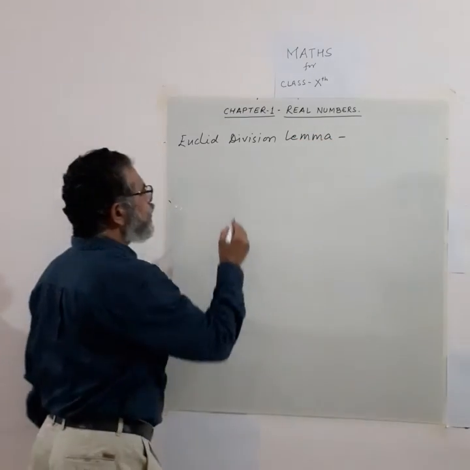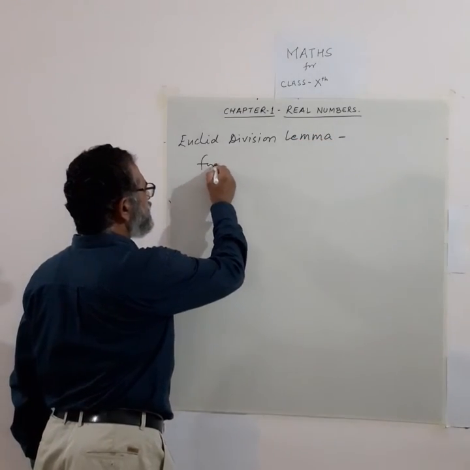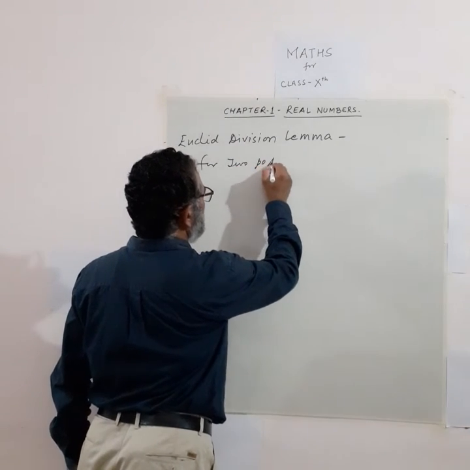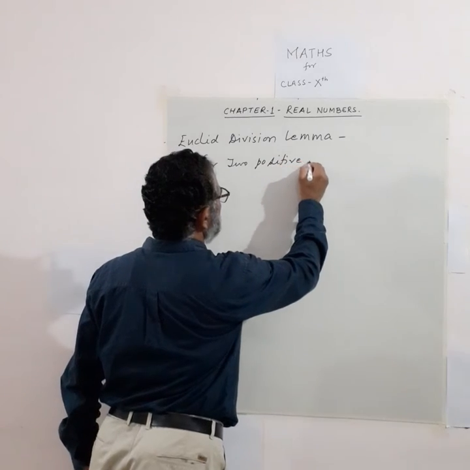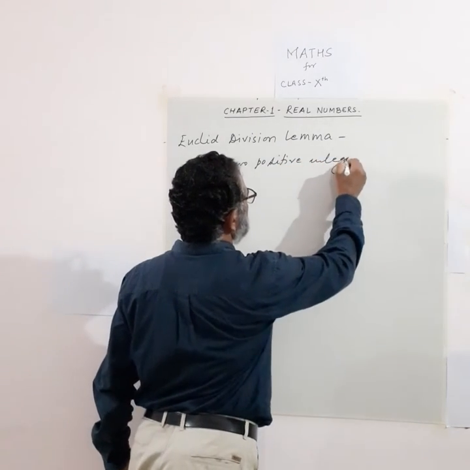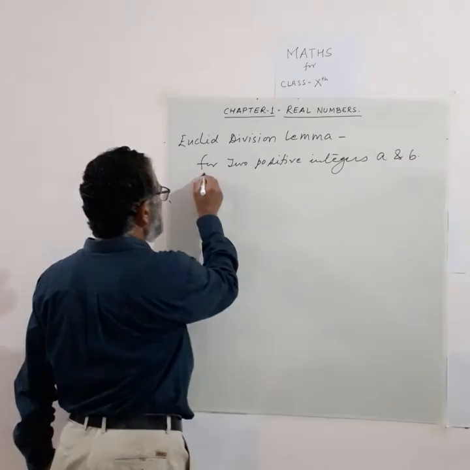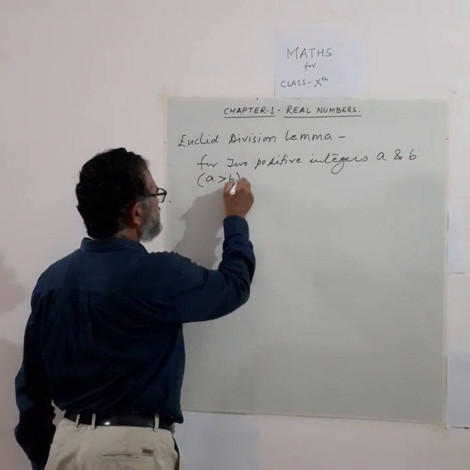Euclid's division lemma is for two positive integers a and b, where a is greater than b.